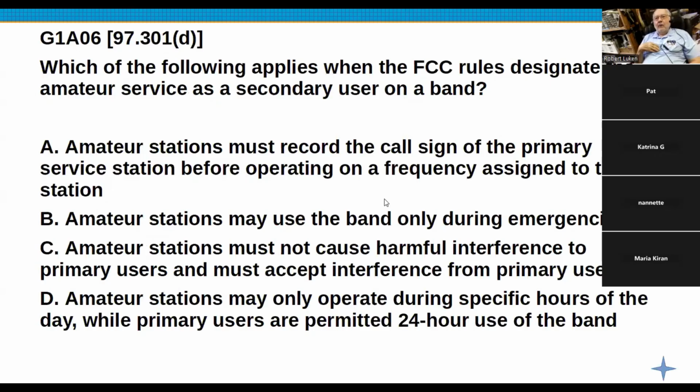Which of the following applies when FCC rules designate the amateur service as a secondary user on a band? Bravo.